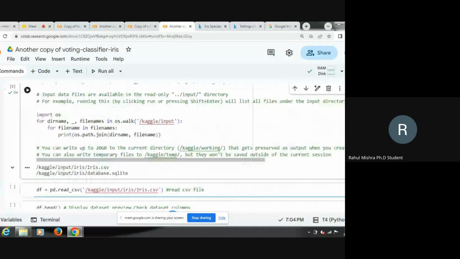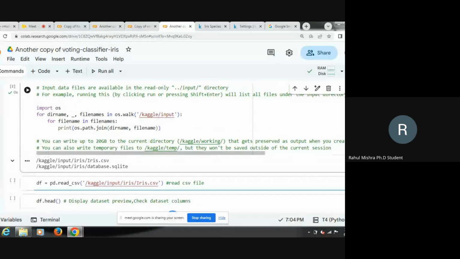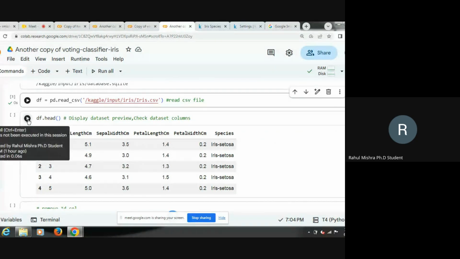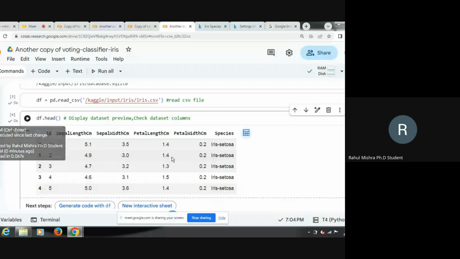It is a very easy program. First of all, I am reading the CSV file that has been downloaded from the Kaggle repository. Again, for displaying the dataset preview and checking the column headers, I am using df.head.